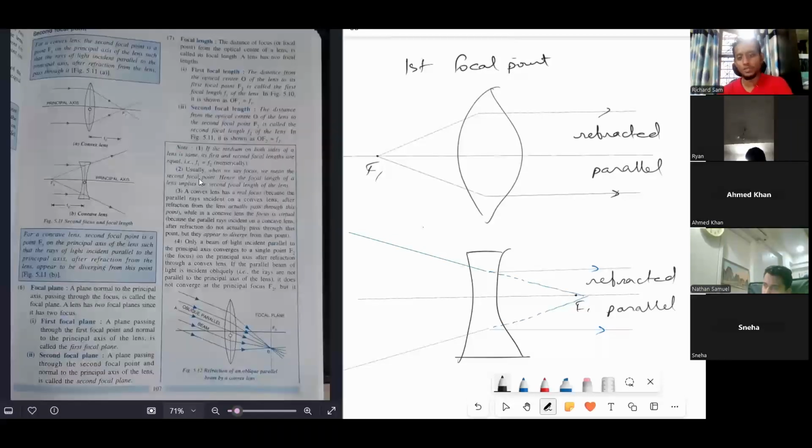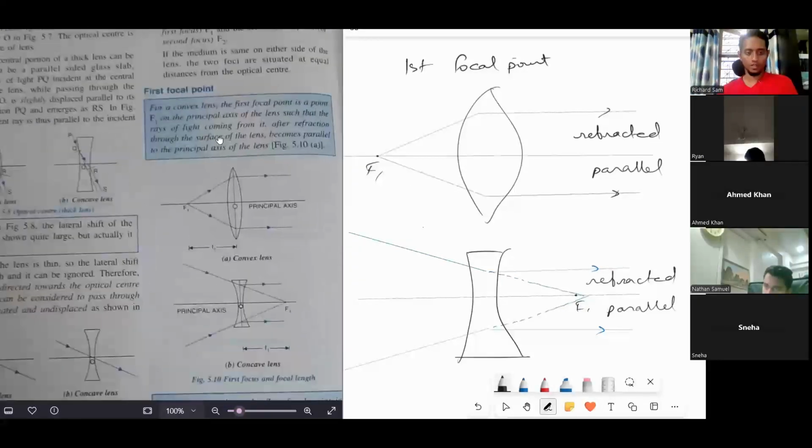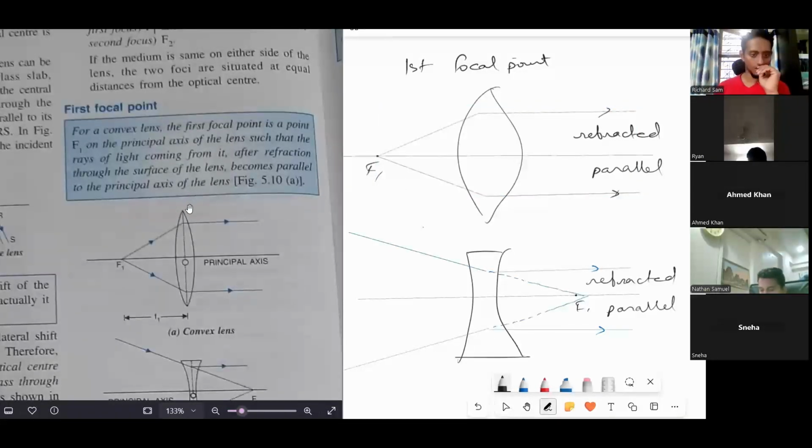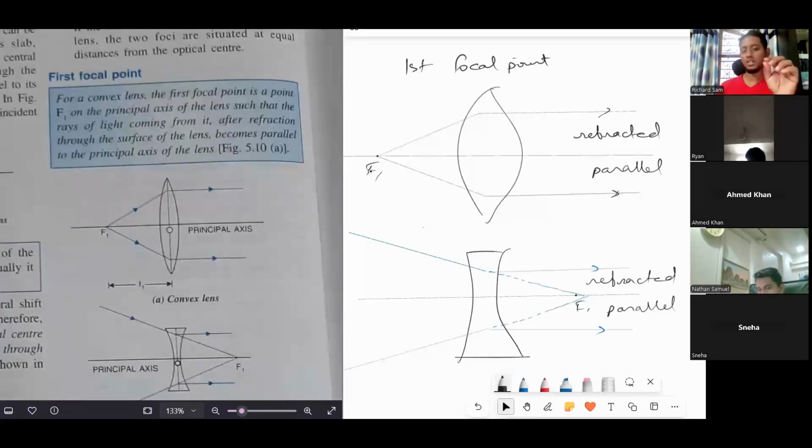You write the definitions also for F1 in your own words for convex and concave lens. Main differences, see here, for a convex, the rays of light are coming from F1.